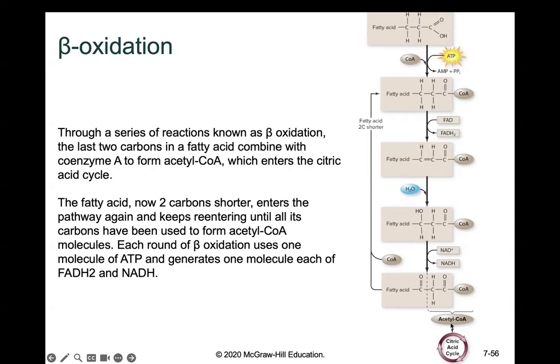Remember, acetyl-CoA is a two-carbon molecule. So you steal two carbons from the fatty acid tails and add a CoA enzyme, and you have acetyl-CoA, which can then enter the citric cycle.